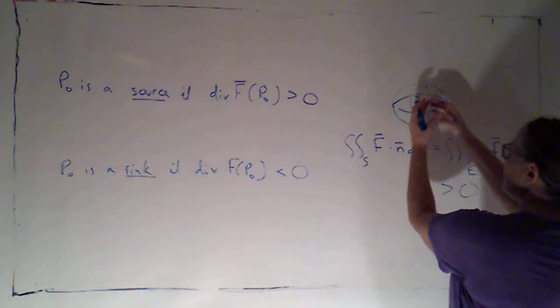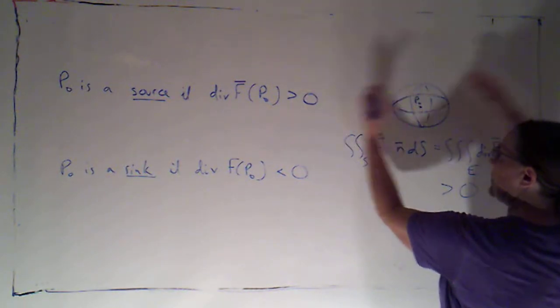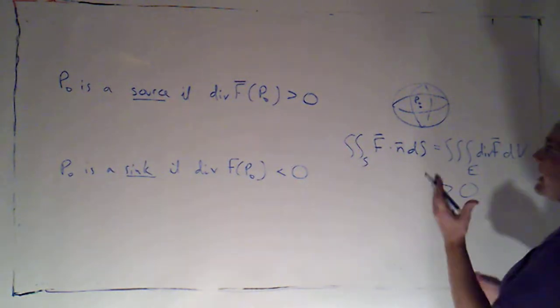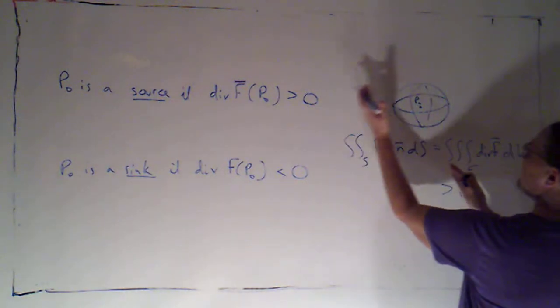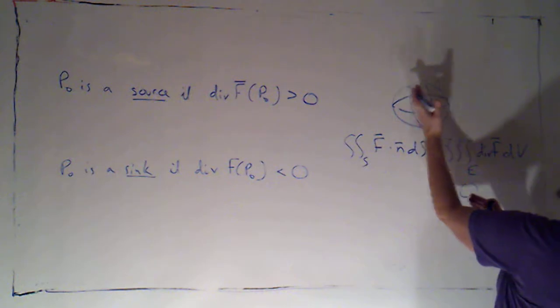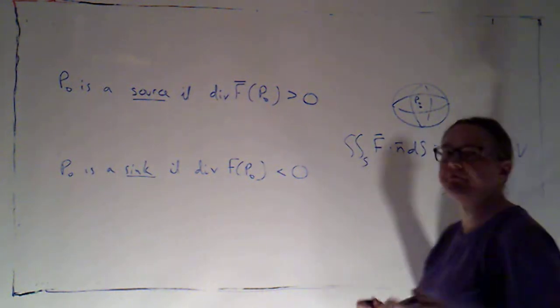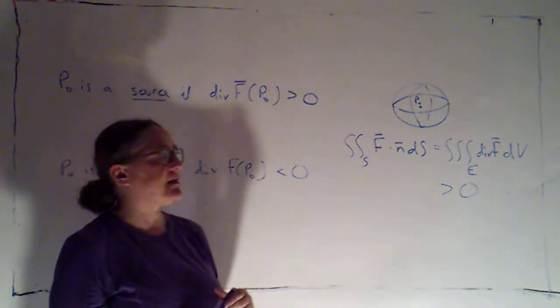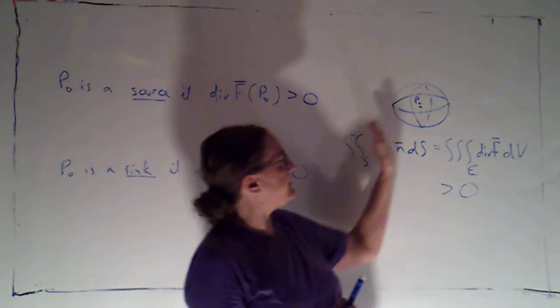So what that would mean is that there is more stuff flowing out than flowing in. If I had the same amount of stuff flow into the region as flow out of the region, the net flux would be zero. But if the flux is positive, that's saying that more stuff would be flowing out than would be flowing in.